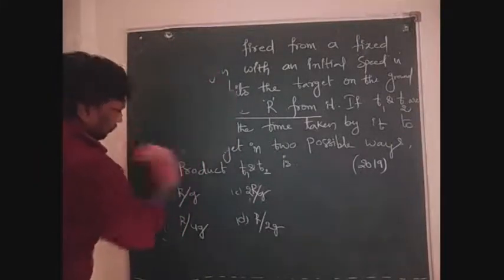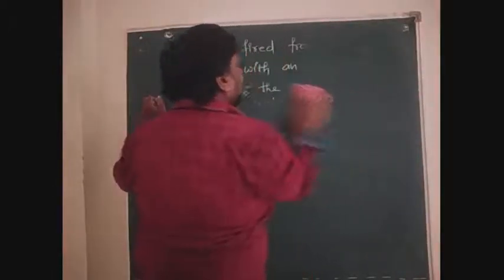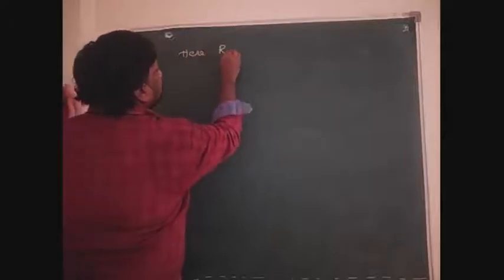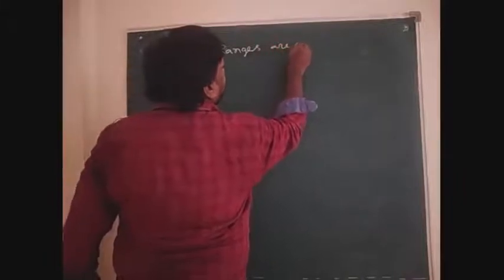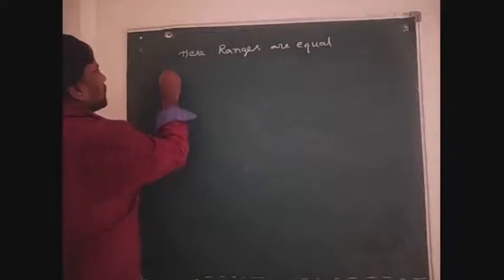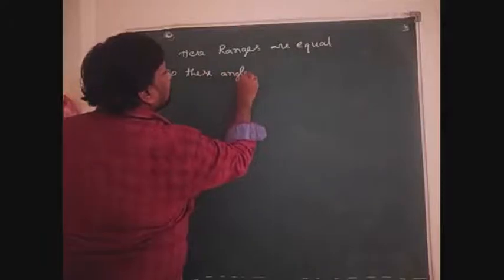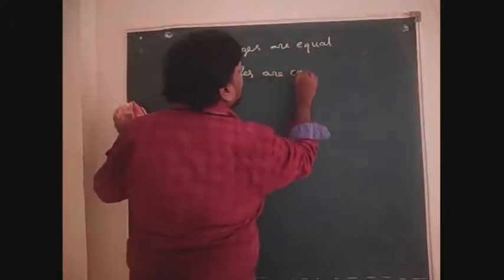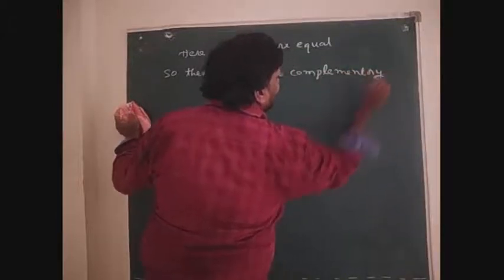This question was asked in JEE Mains 2019. So here ranges are equal, so these angles are complementary angles.